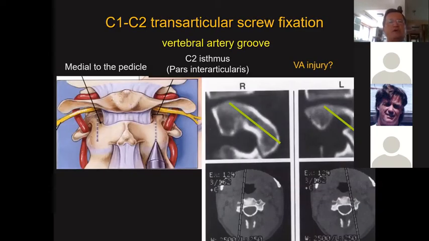Before surgery, you must have sagittal CT scans passing from the lateral part of the vertebral structures, so then you can see the entry point, the passing of the screw trajectory. If there is a so-called high riding vertebral artery, it is quite possible to injure the vertebral artery on one side.